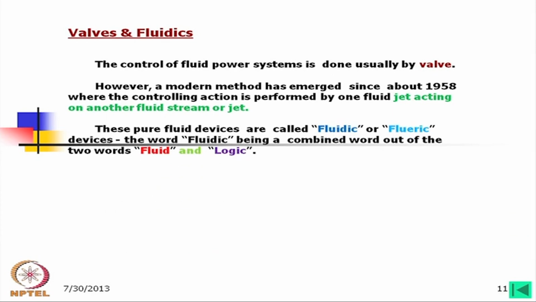The pure fluid devices are called fluidic devices, the word fluidic being a combined word out of the two words fluid and logic. This means that the fluidic devices also can be used as a valve.